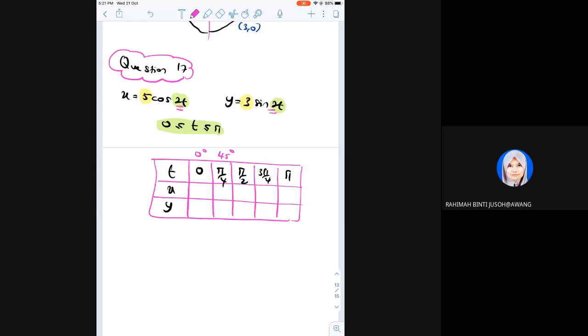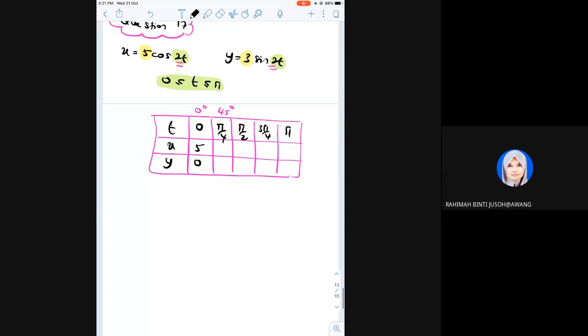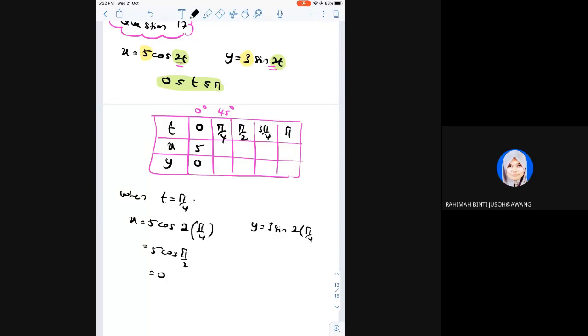Okay, so now. Bila you ganti nilai, okay, kosong tak ada apa lah. So, X equals to 0, should be 5. Here, 0. Okay, let's say when t equals to pi over 4. So, kita ada X equals to 5 cos 2t. So 2 times pi over 4. We will have 5 cos pi over 2. So we get 0. Okay, and then y equals to 3 sin 2 times pi over 4.